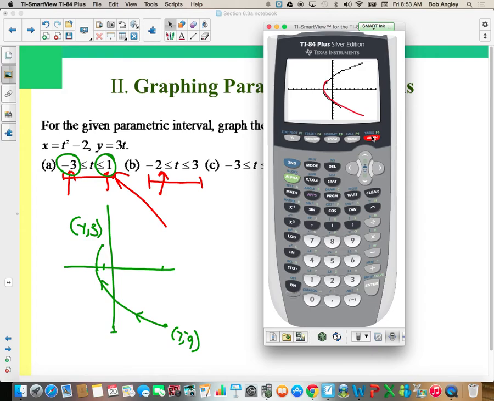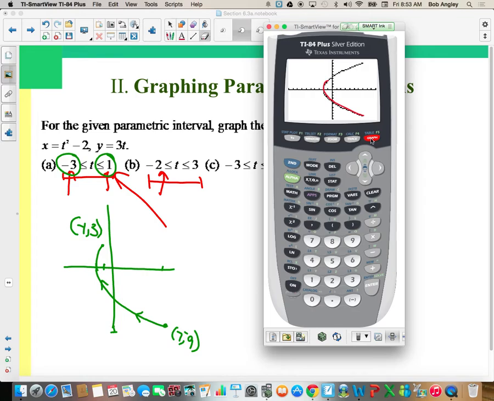The point is, it shows part of the graph in a different place. If we go back to window again, and we change this to -3 to 3, then we get all that from the beginning place here up to where that ending place was.